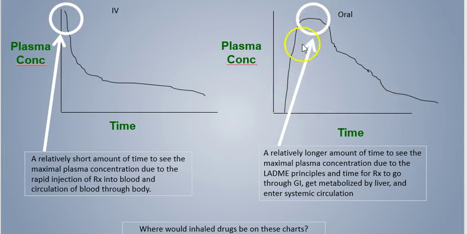And this is that process of liberation, absorption, distribution phase. So you don't see the peak plasma concentration until much later. So this would indicate that the IV drug works a lot faster than the oral drug, and that's why we had said back when we started this curriculum that patients in the emergency room are often given IVs, because the drug works a lot faster. So you get a stronger control of the disease.